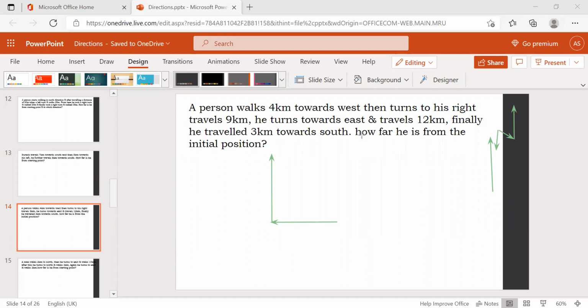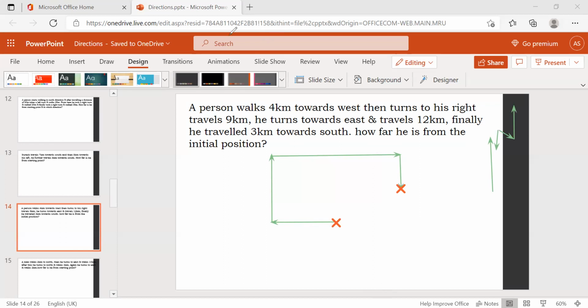He turns towards east now, and travels 12 kilometers. And finally, he traveled 3 kilometers towards south. Now, how far is he from the initial point? Where is the initial point? It is here. This one is the initial point, and it is the final point.